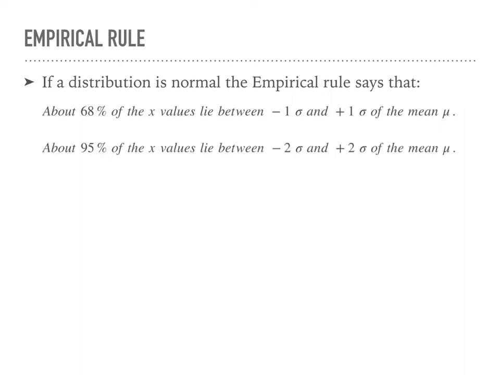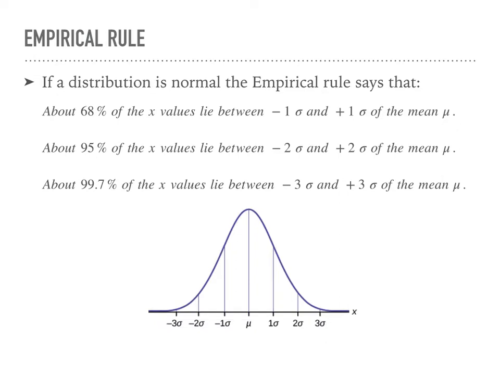About 95% of the values lie between -2 standard deviations and +2 standard deviations of the mean. And about 99.7% of the values lie between -3 and +3 standard deviations of the mean. This graph here represents that well for us.